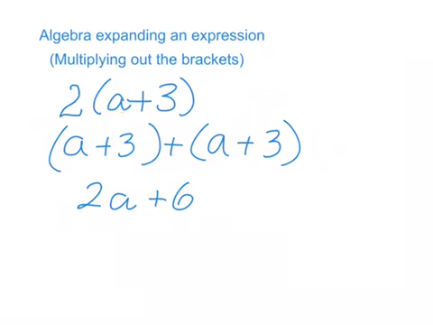So if I'm thinking of this 2 and I've got to multiply it by that a, that gives me the 2a here. 2 times a is written as 2a. Then I think back to the next term in the expression, and I've got to multiply that 2 by that plus 3. So 2 multiplied by plus 3 gives me the plus 6.